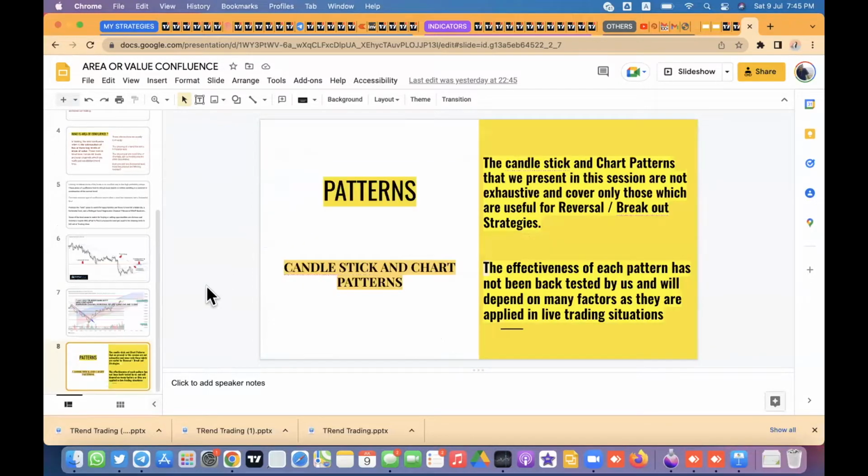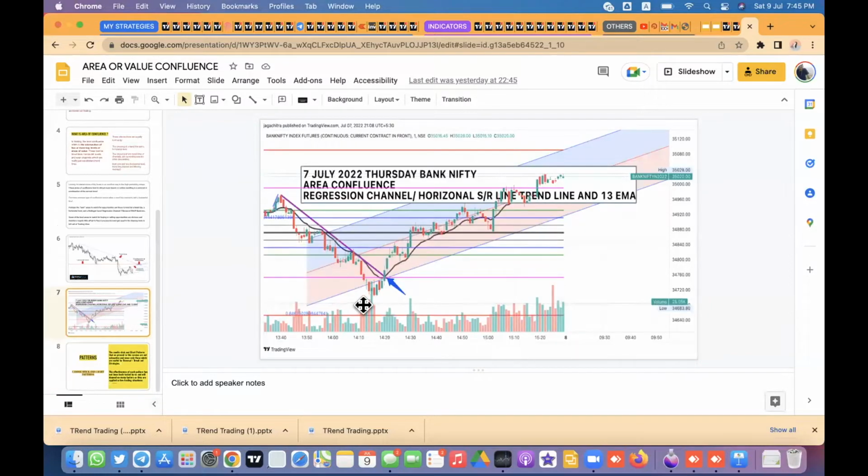So on the second part of the presentation, which Nilesh is going to present, what is missing here? What is missing is the candlestick pattern. Unfortunately, at this point, I didn't find a bullish candlestick pattern appearing, so that is why it is not included.